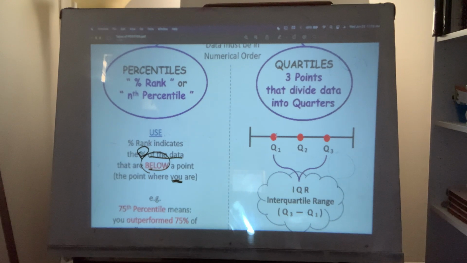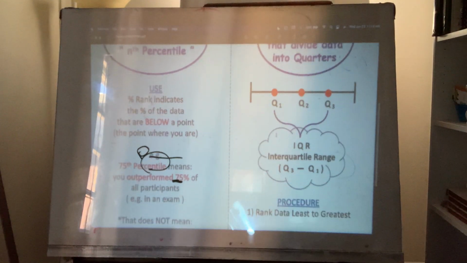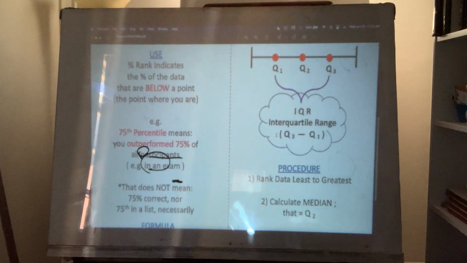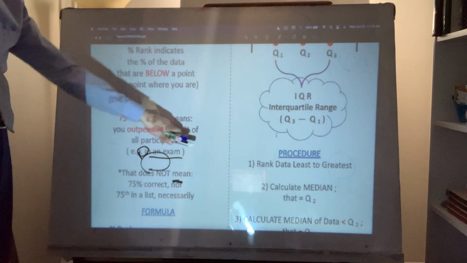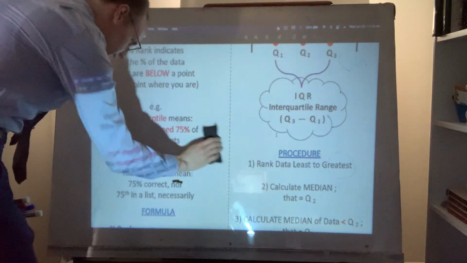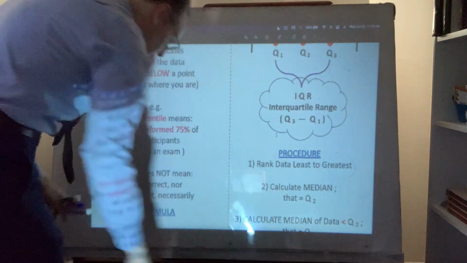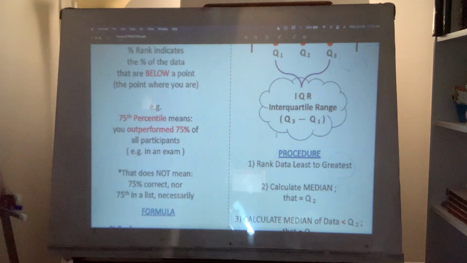So 79th percentile means that there's about, or in this case I use 75 as the example here, 75th percentile means you outperformed 75% of all participants on an exam. That doesn't mean that you got 75% of the answers correct, which is what people often conflate.